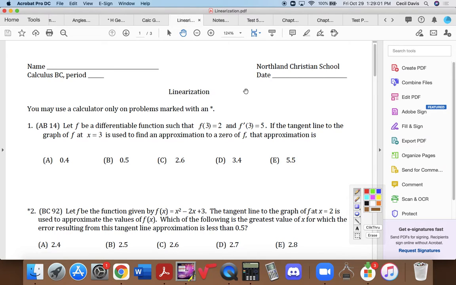Since the average rate of change of f prime on the interval from 0 to 0.5 is 3 minus 0 over 0.5 minus 0, which is 6, and since f double prime exists for all x between negative 1.5 and 1.5, and f prime is continuous on the closed interval from negative 1.5 to 1.5, and differentiable on the open interval from negative 1.5 to 1.5, we can apply the mean value theorem to f prime, which means there must be a c value between 0 and 0.5 where f double prime is 6.